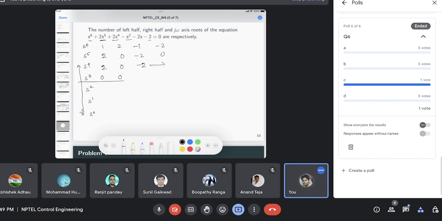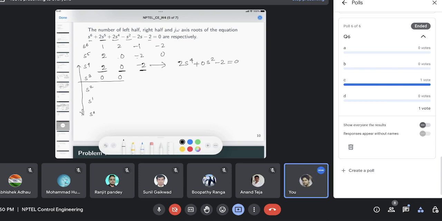And what is this auxiliary polynomial? From this you have 2s4 plus 0 s square minus 2, equal to 0. This is the s4 coefficient, this is the s square coefficient, and this is the s0 coefficient.